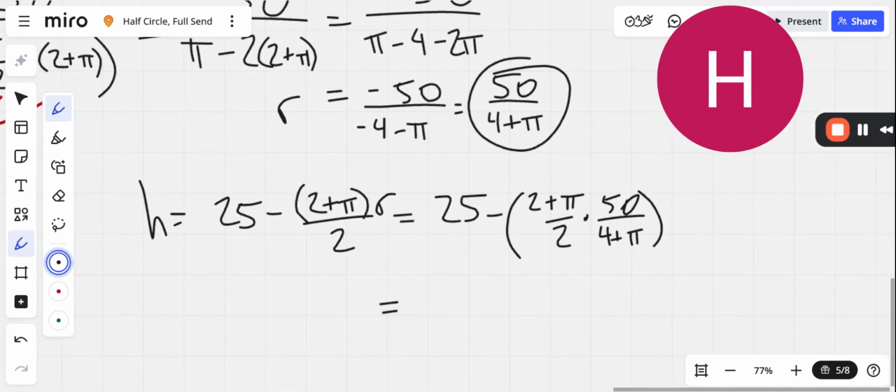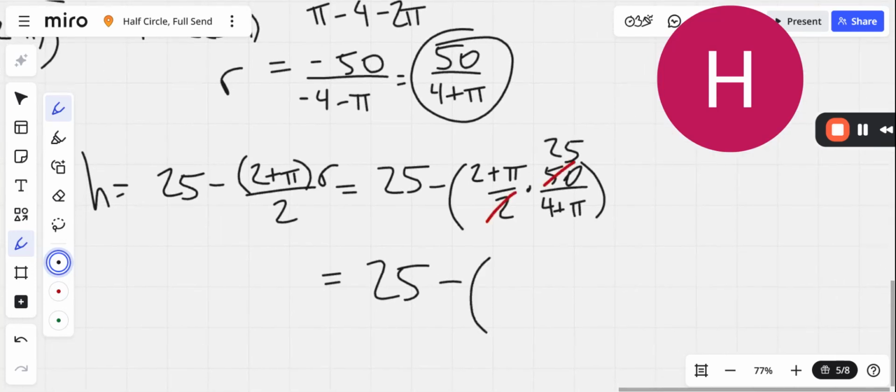I would love to say that's beautiful, but it's really not that beautiful. So we're going to have 25 minus, and that gives us 50 plus 25 pi over 4 plus pi.